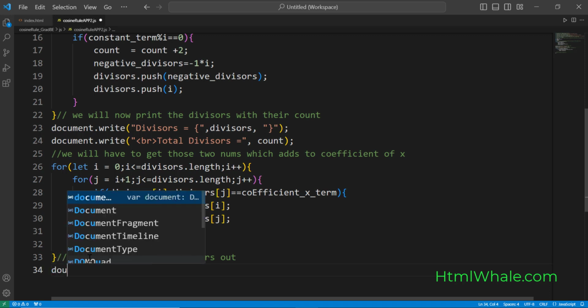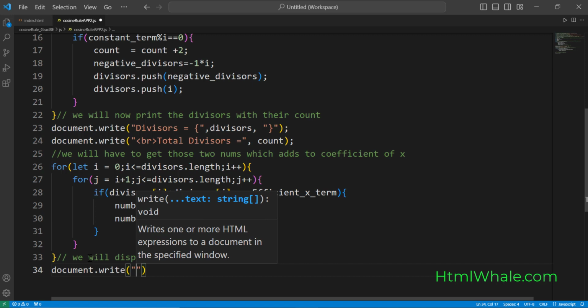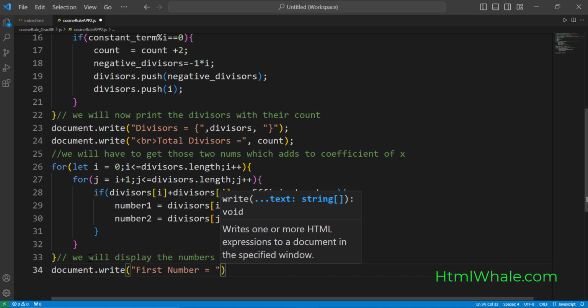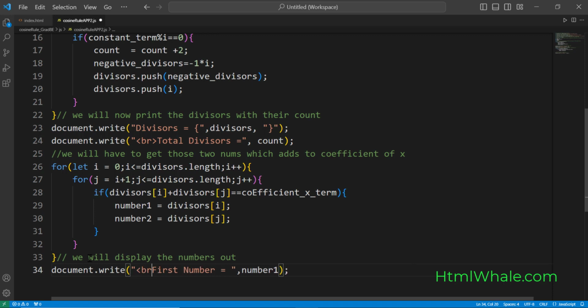So I will say document.write, first number, or you can just write what you want. First number is equal to number 1. Then probably you can put a break there. If not, everything would be clustered.